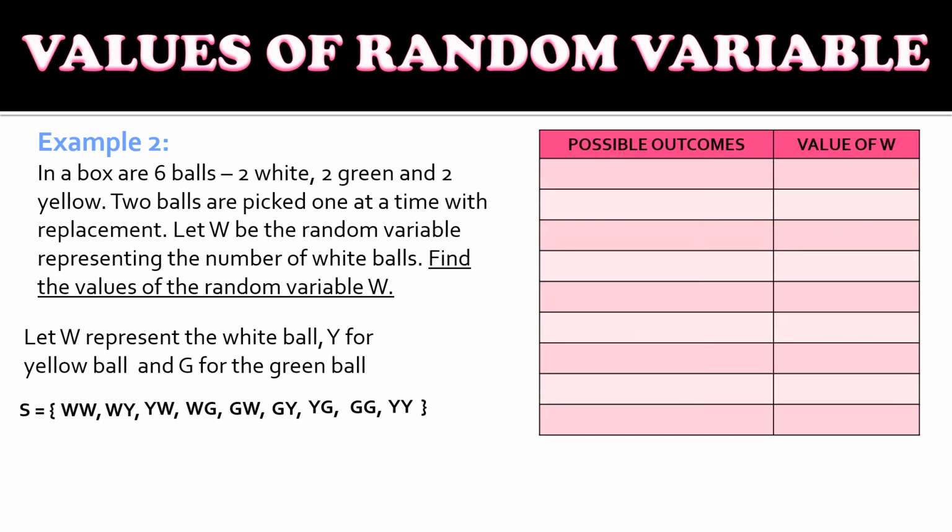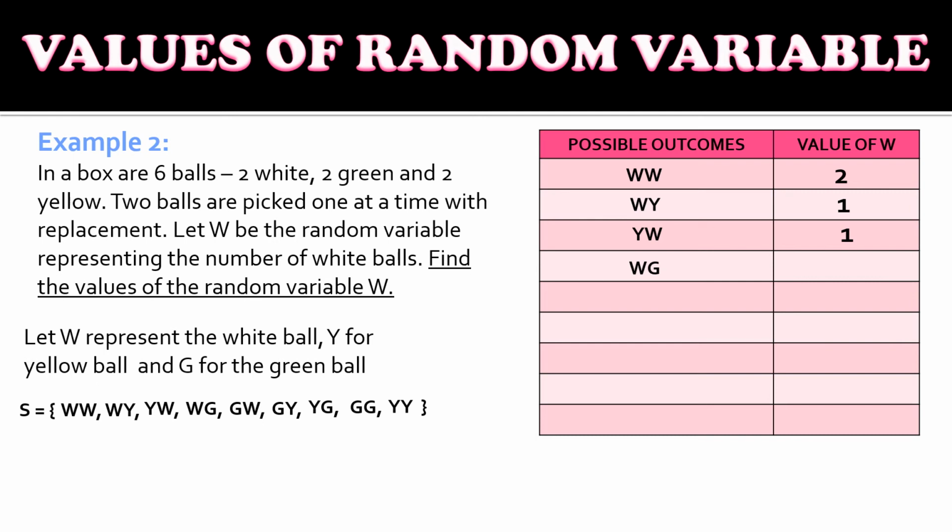To list that on the table, again, the possible outcomes are on the left and the value of W, which represents the white ball, on the right side. White and white, so W is 2. White and yellow, there's 1 W, so that's 1. Yellow and white, so 1.